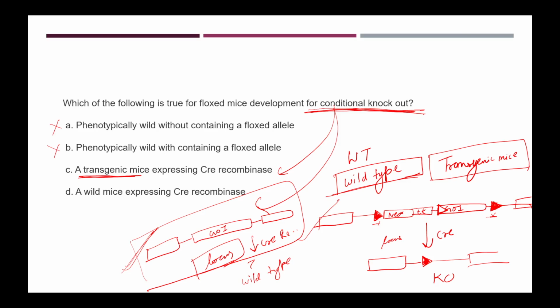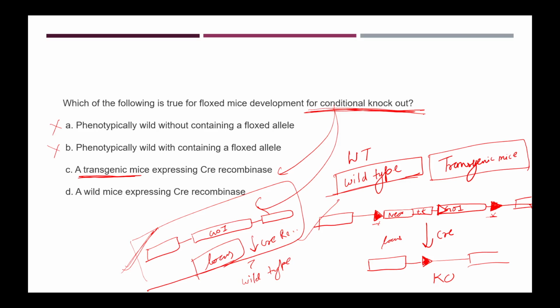Why? Exactly. Not the selectable marker, that will come second place, but some specific recombination site, because you are expressing a recombinase in order to make a knockout.